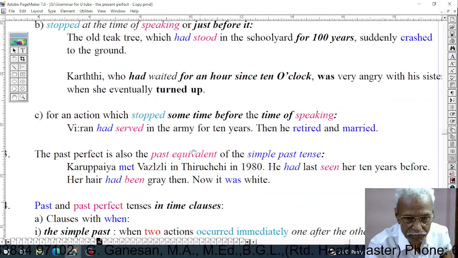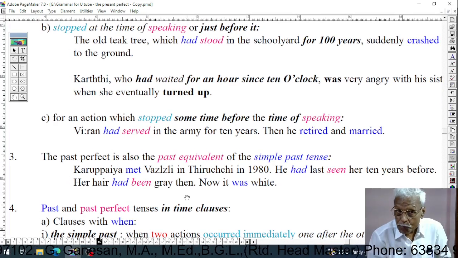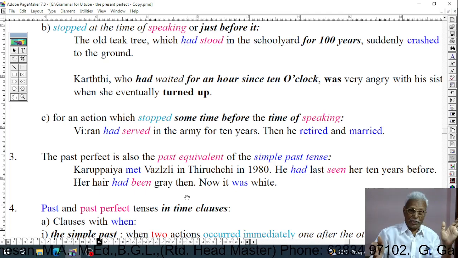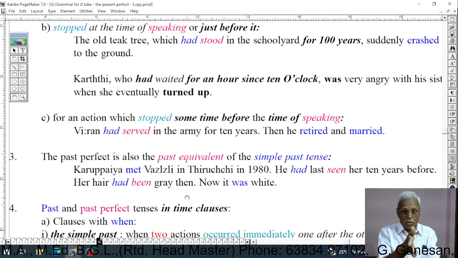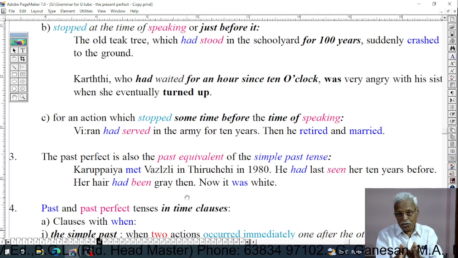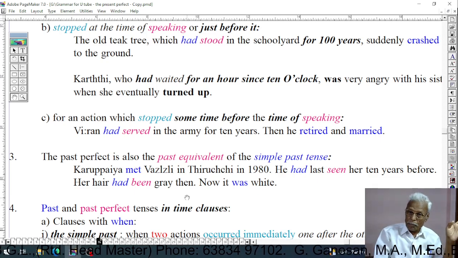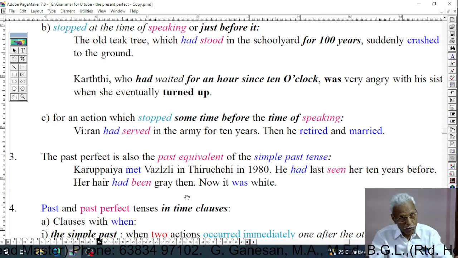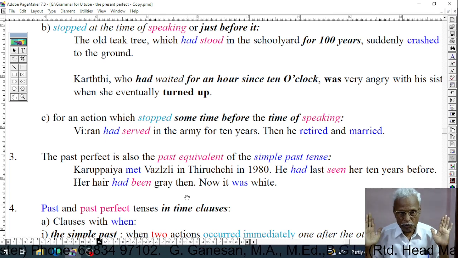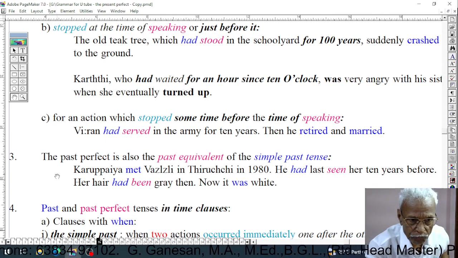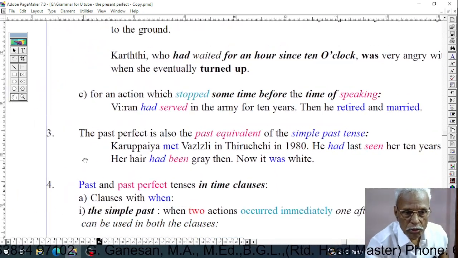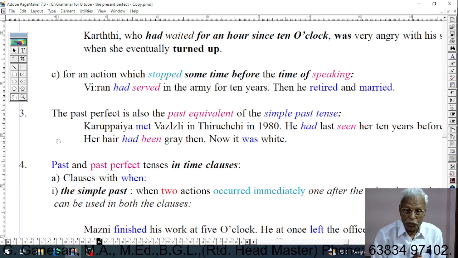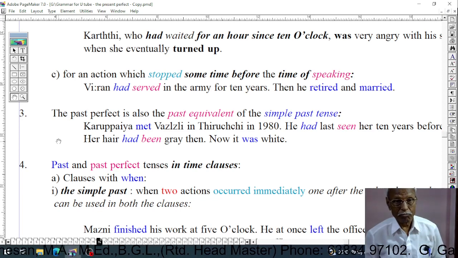Then, an action that ended some time earlier than the time of speaking in the past can be expressed using past perfect. You see, Karupaya met Valli in Trichy in 1980.